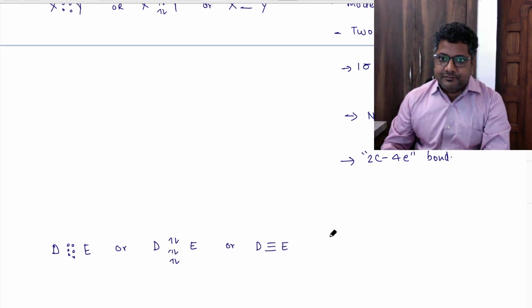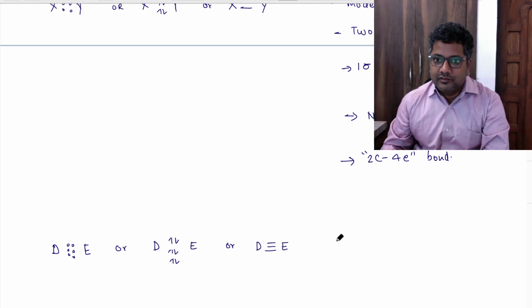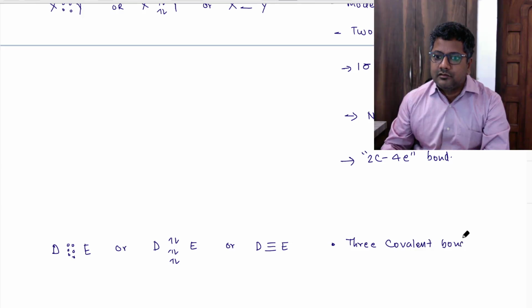Now see, how many bonds are there? Three covalent bonds are there. Are all three covalent bonds equal?